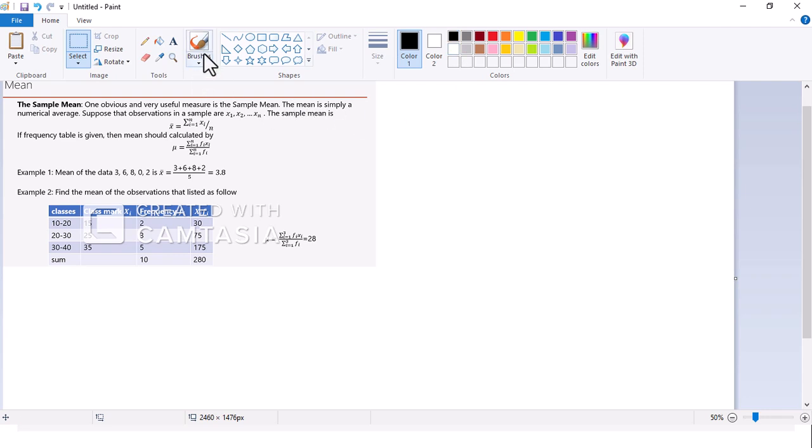For example, if we have the data 2, 3 and 4, and we want to calculate the x bar, or the mean, of this data, you should add them, 2 plus 3 plus 4, and divide by the number of data. You learned it in high school, it's very easy. We have 3 data, so we divide by 3.